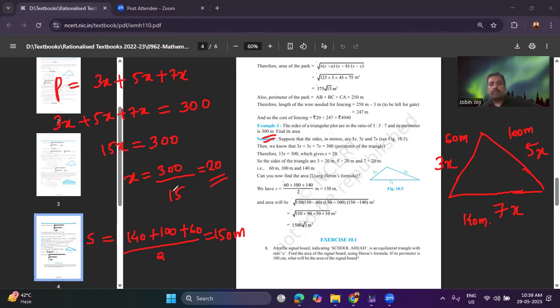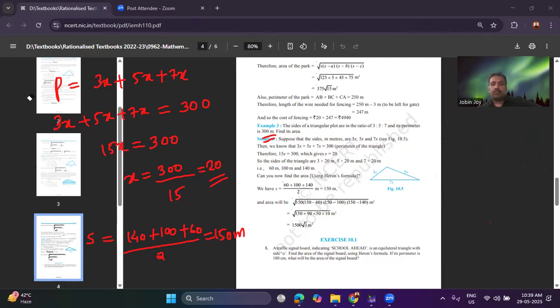Okay. Then you can easily calculate the area. Write the equation of Heron's formula first. So what is the equation?